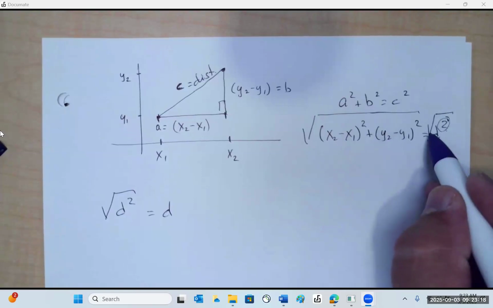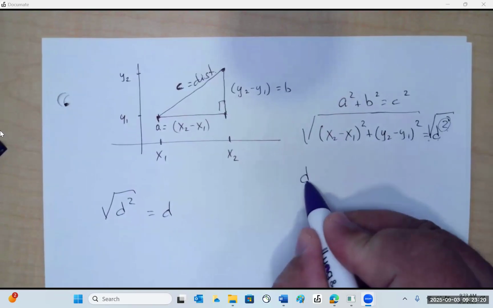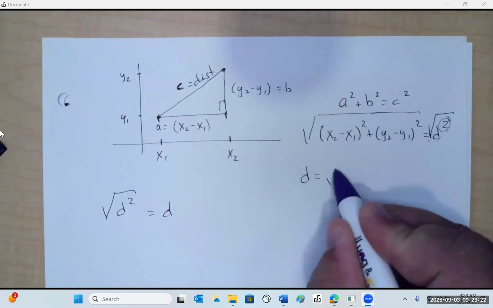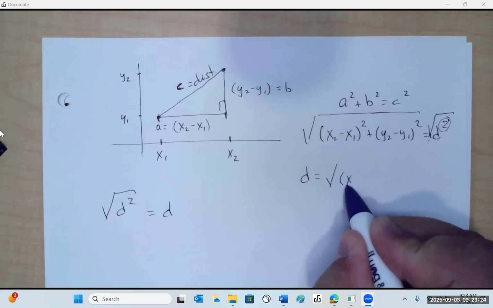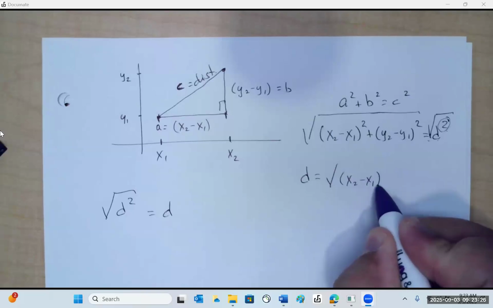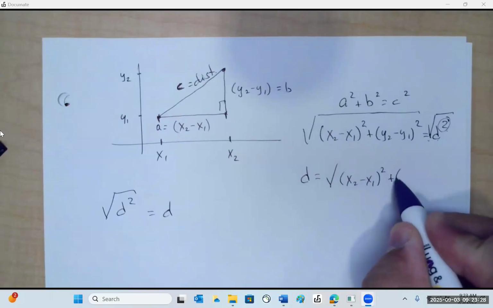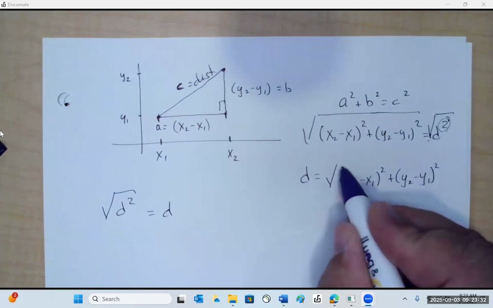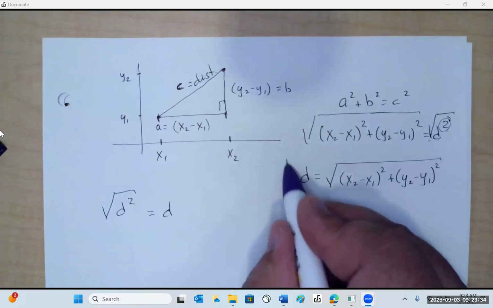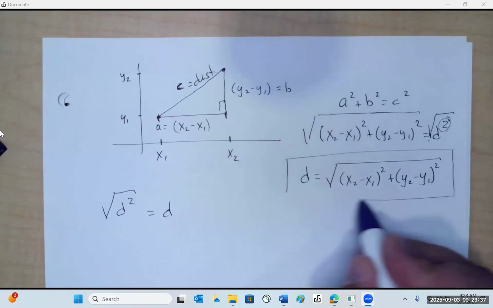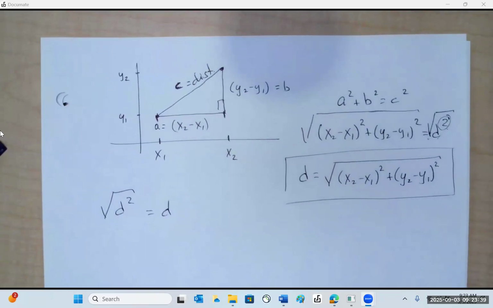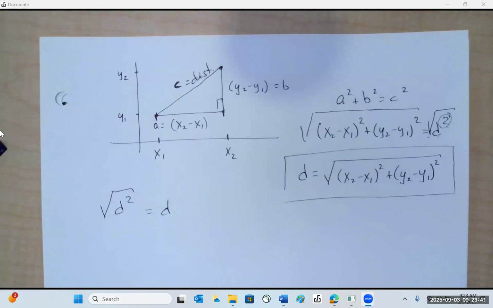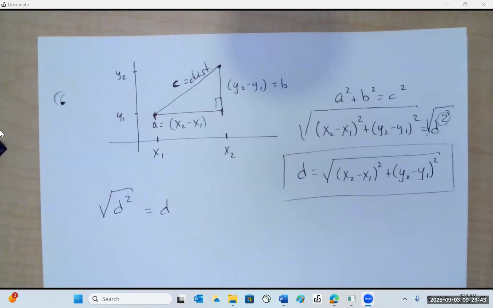So the square root of d squared is d, which is equal to the square root of x2 minus x1 squared plus y2 minus y1 squared. There is your distance formula. That gives us the distance between any 2 points.